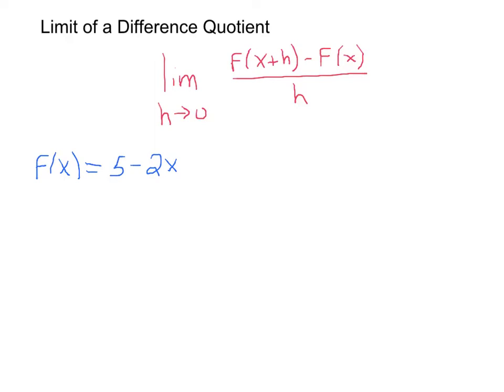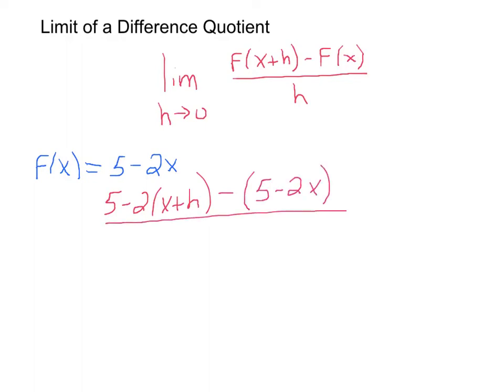So as I come down here and evaluate my function, f of x equals 5 minus 2x, the f of x plus h is going to be 5 minus 2 times x plus h, minus the f of x, which is 5 minus 2x, and that's all divided by h. And we're going to take the limit as h approaches 0 of that expression.